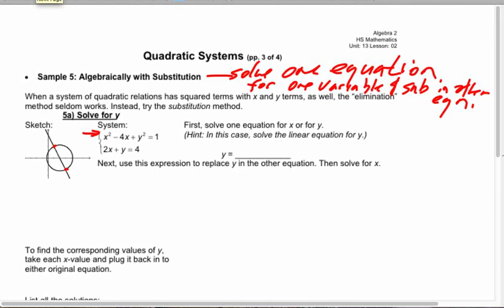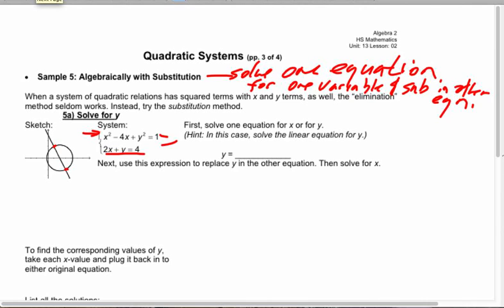But the problem here is, when you take a look at this, there's no good way to add these up in order to eliminate one of the variables. As a matter of fact, there's no way to do it. Okay? And so typically, if you've got one of these things, this substitution is going to be really nice to deal with. So we're going to solve the linear equation for y because it's easier.